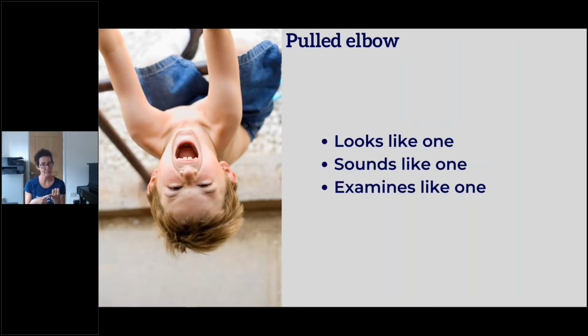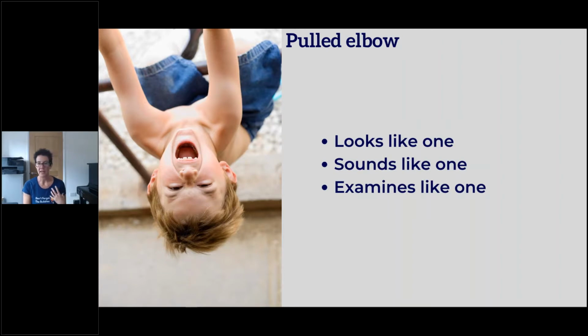So the child will generally be hanging their arm down by their side. It will be fairly flaccid. They won't be using it, but they won't really be in pain. So it should sound like one in the history, and then it should examine like one.